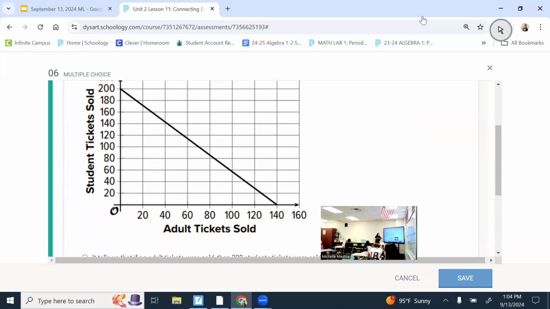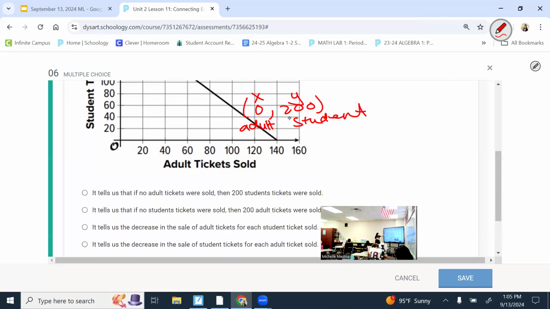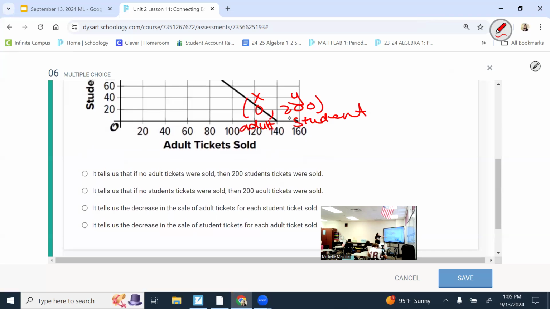Because that coordinate, when you read it, is (0, 200). It always goes x and then y. The x says adults. That's the x-axis right here. And my y-axis says student. So that's how you're interpreting it. So it says that if no adult tickets were sold, then 200 student tickets were sold.